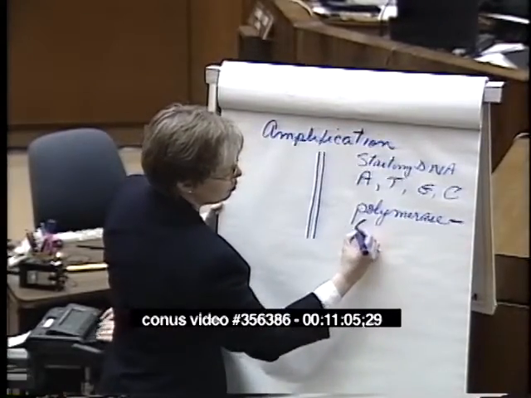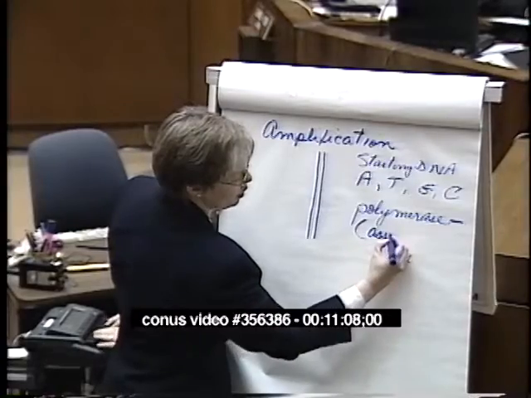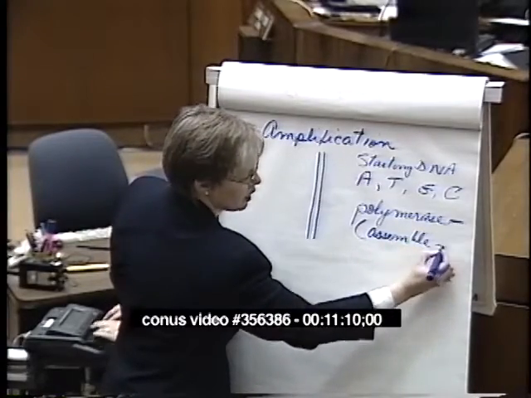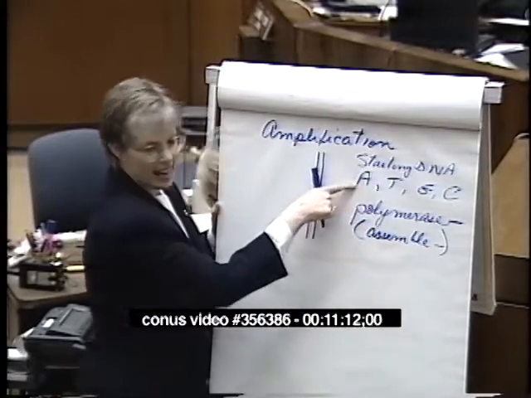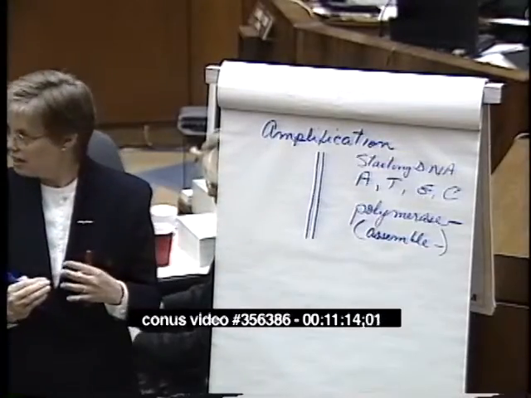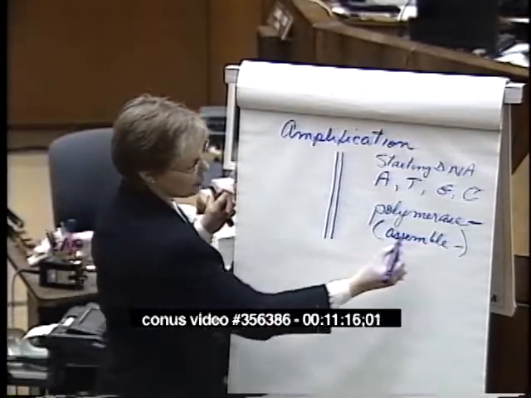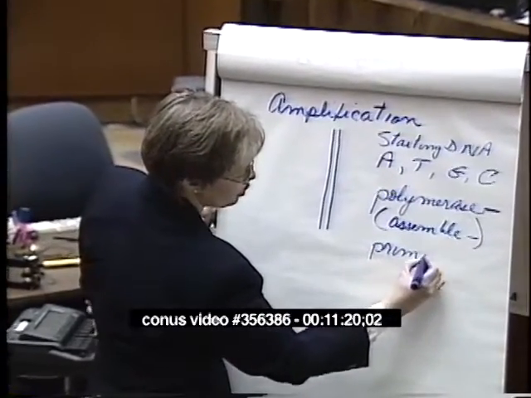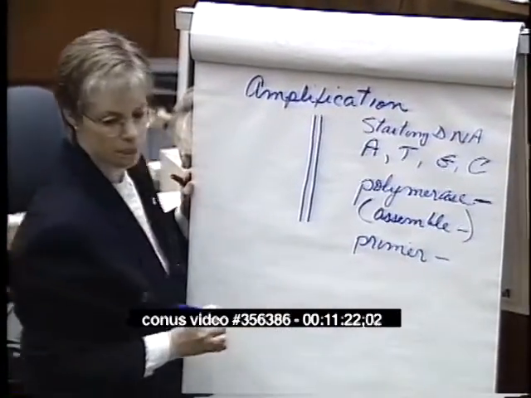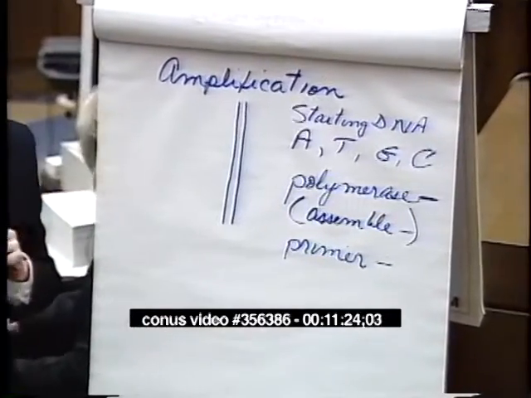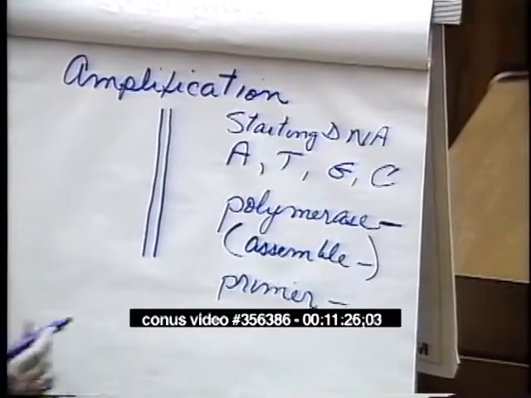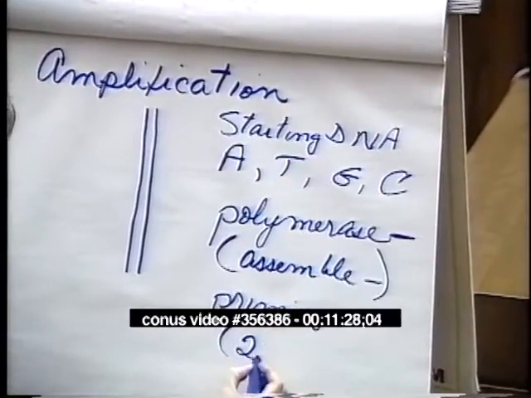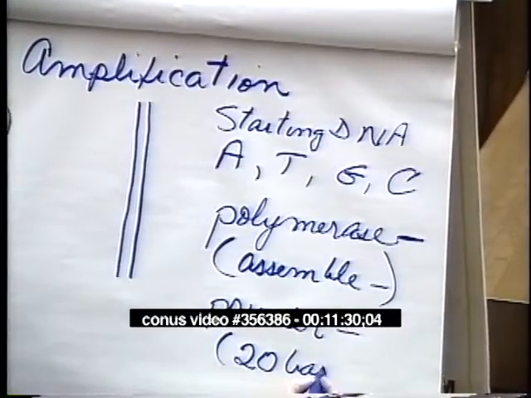And we will also put in the tube an enzyme, this is a protein, and it's called a polymerase. And this polymerase is basically going to assemble the A's, T's, G's, and C's. And we're going to put one more thing in, which is referred to as a primer. And that's a very small piece of single-stranded DNA, usually about 20 bases or so.